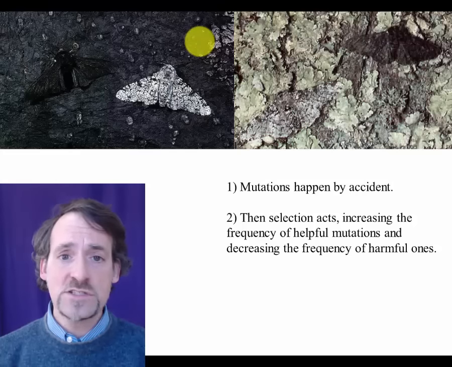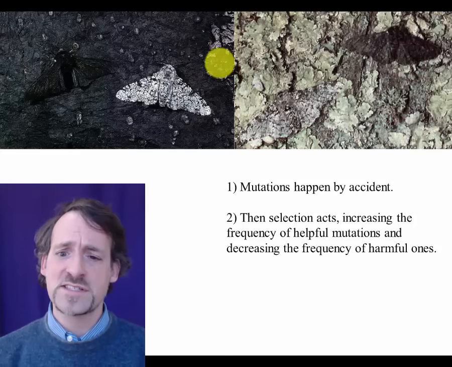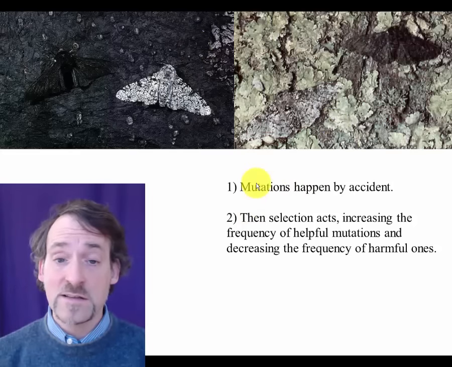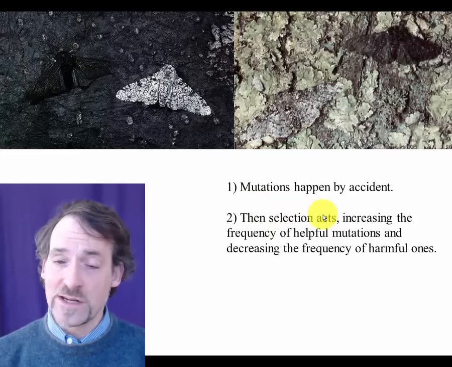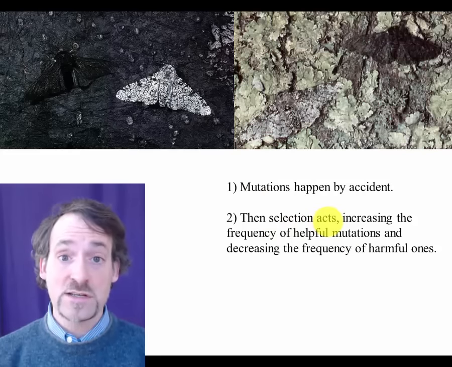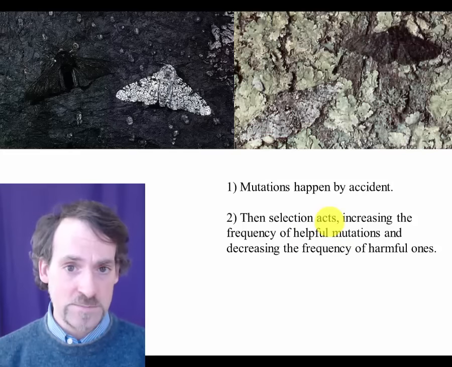So this is a two-step process, and you don't get anywhere evolutionarily without both of the steps. But the mutations happen first by accident, they're random, and then selection acts. Selection is not random, selection is very systematic. And selection is what causes new mutations to change in frequency. That's what we'll be talking about next.